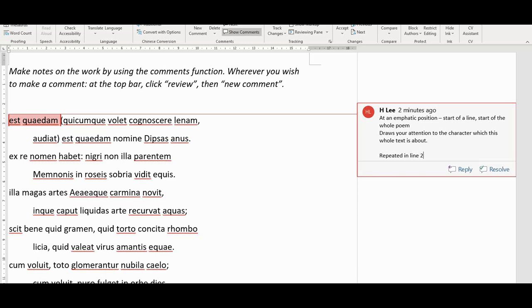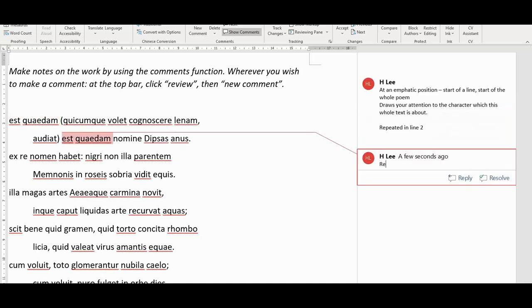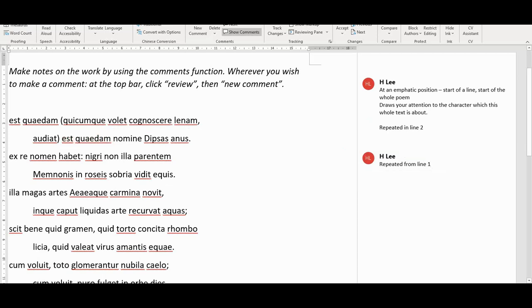That's effectively 2 style points where you've been asked for that. Isn't that great? 2 for the price of 1. So there's a bit of repetition, and the position of the word makes it interesting. I mean, at this point you could make another comment if you want, like "repeated from line 1". You can, but you don't have to. I move on.